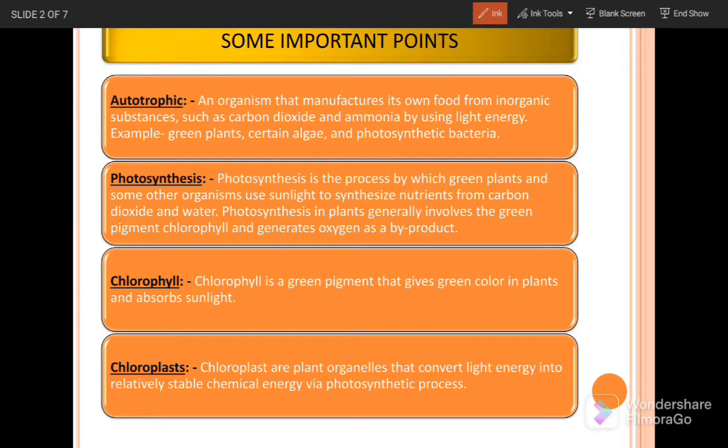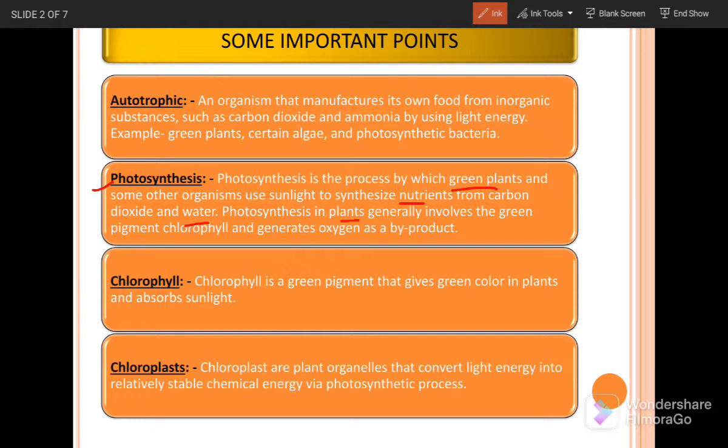Now photosynthesis is a very common topic which we have learned in lower classes. Photosynthesis is the process by which green plants and some other organisms use sunlight to synthesize nutrients from carbon dioxide and water.